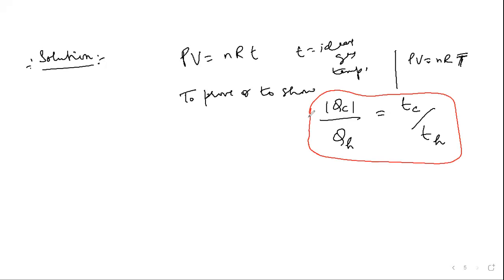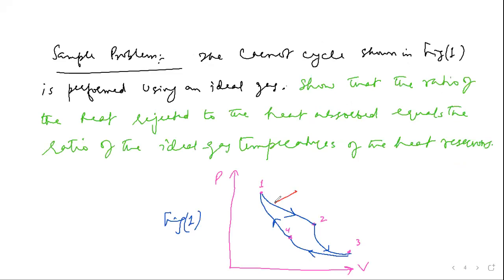Right? Now we first consider the first step, which is isothermal expansion. From point 1 to point 2, isothermal expansion takes place. We know for an ideal gas, internal energy is a function of only temperature.